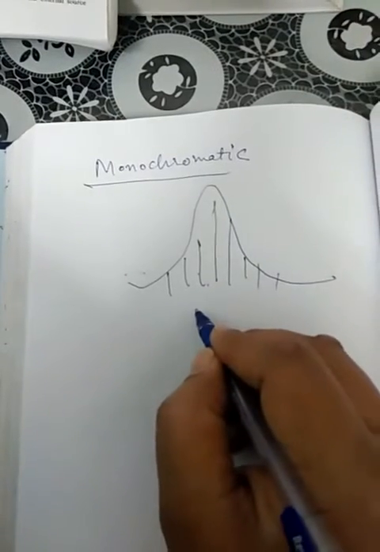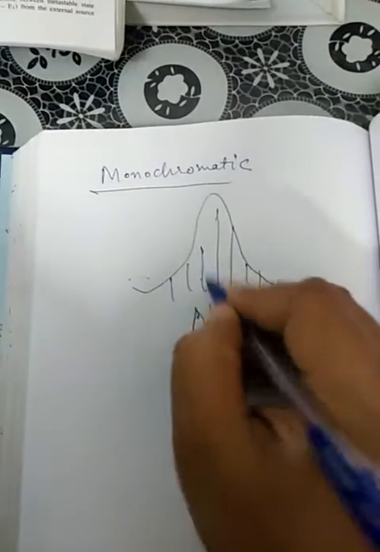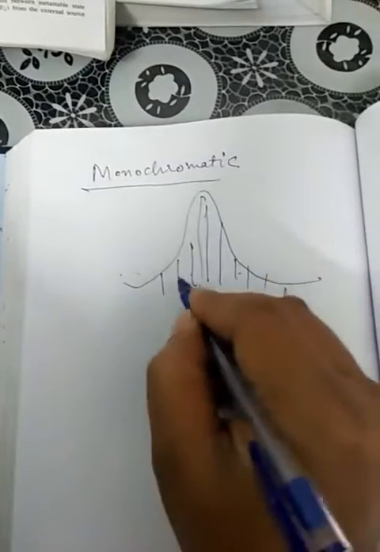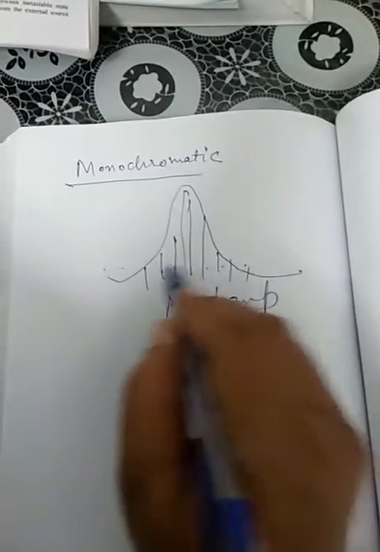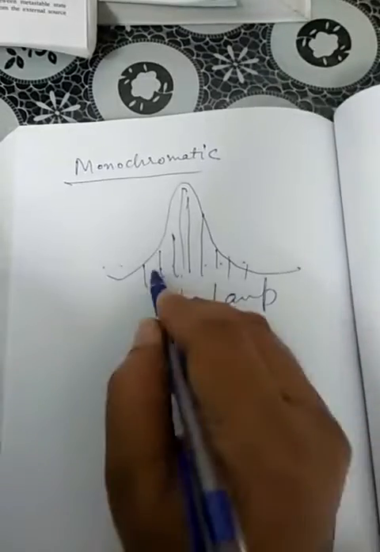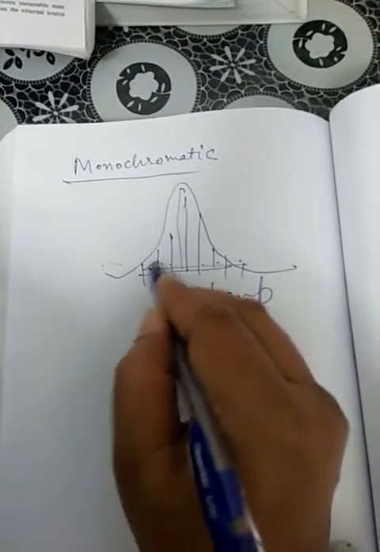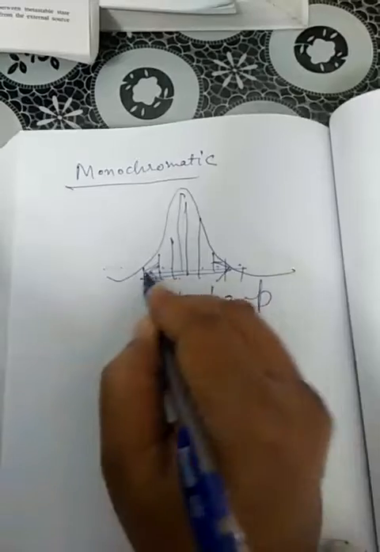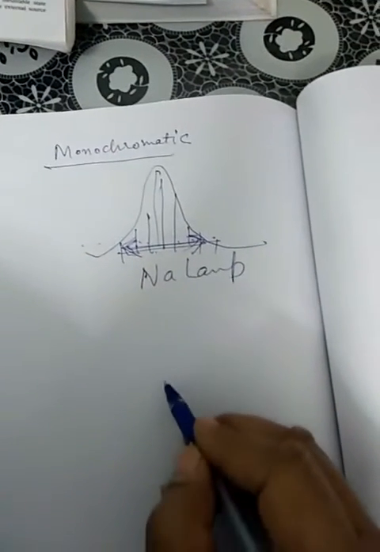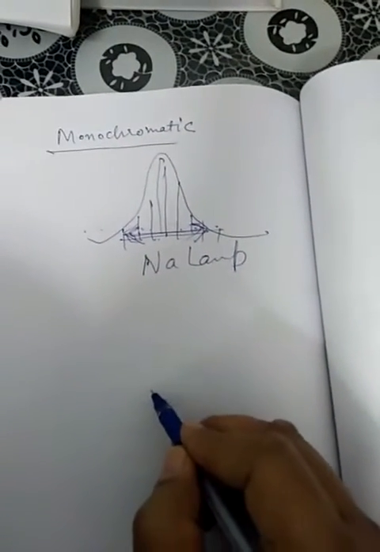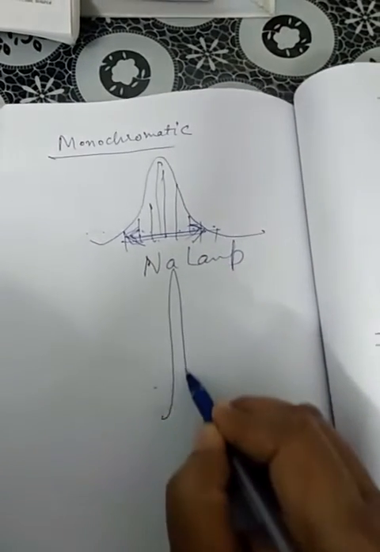Although it may be of the same color, let us say a sodium lamp emits yellow color, but yellow is again made up of different frequencies, yellow 1, yellow 2, and so on. So there is no purity of the signal, and frequencies are spread over a particular region. For a source to be monochromatic, this pulse width should be minimum. Although no source is ideal, laser has extremely high monochromaticity.